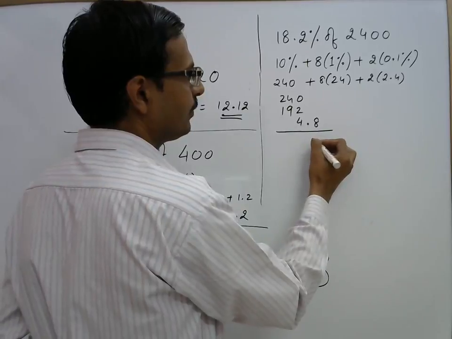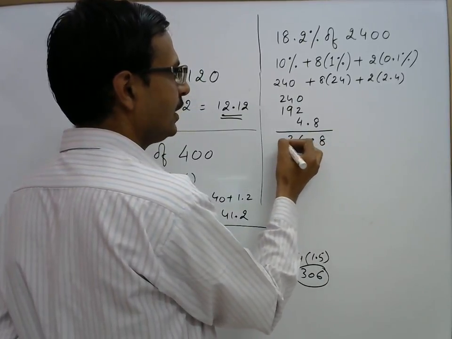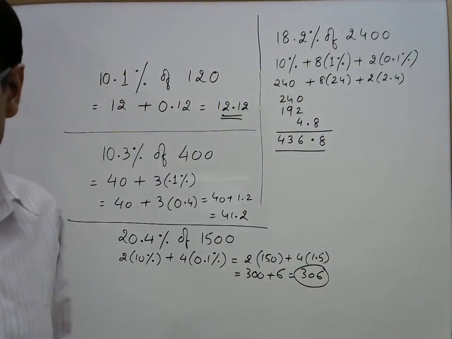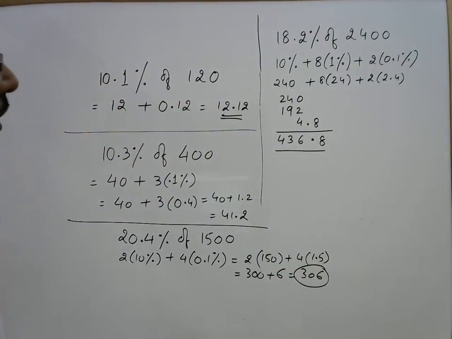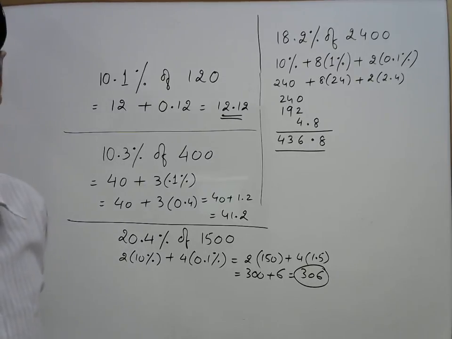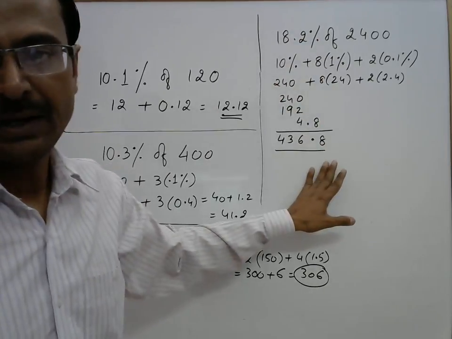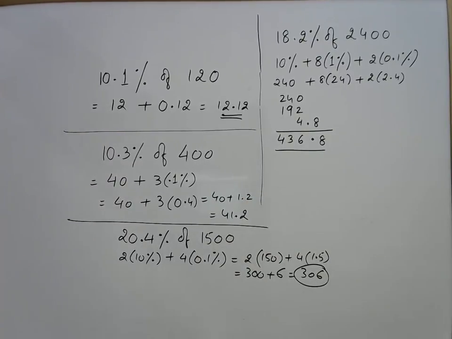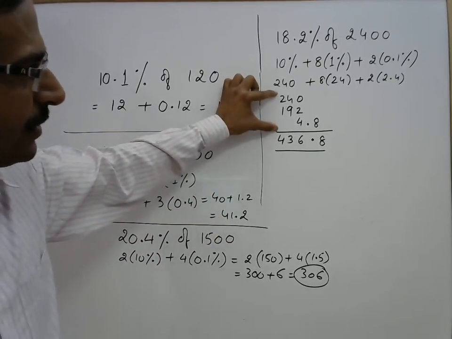So you can just add them, 436.8 is 18.2% of 2400. You can just see the steps I have written on the board just for your convenience. These are all mental mathematics steps, not to be written in exam. They are just to be thought of in mind, and accordingly you can write the 3 numbers here directly.